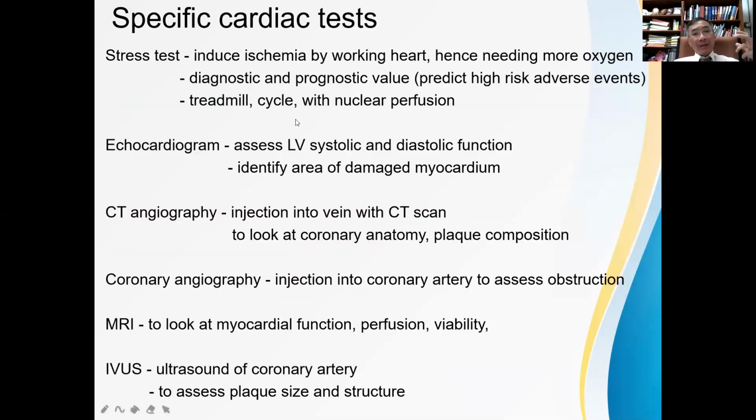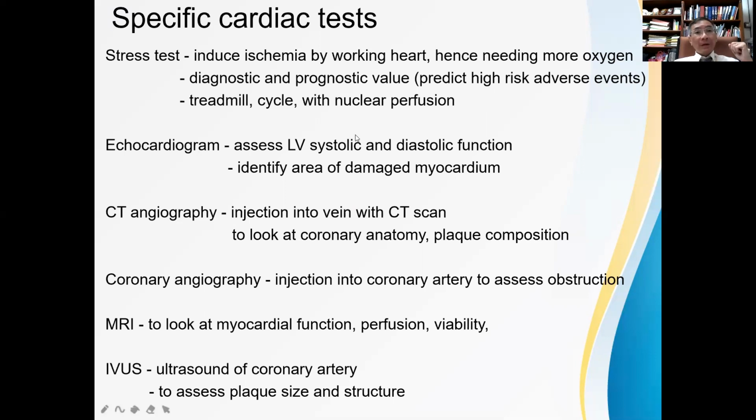Now, there are also other tests you can do for the heart. The stress test, for example, is to produce ischemia by working the heart more. The harder the heart works to do any activity for the patient, the more oxygen it needs. And so if there's any shortage of oxygen, any blockage in the coronary arteries, it will be felt more.